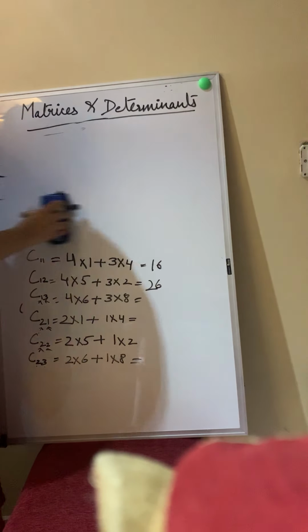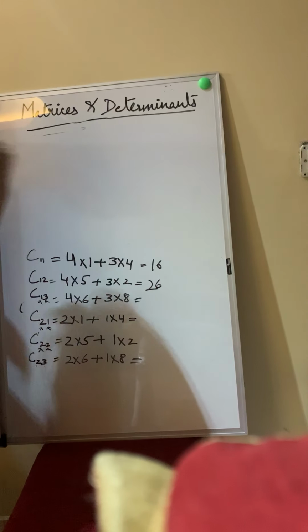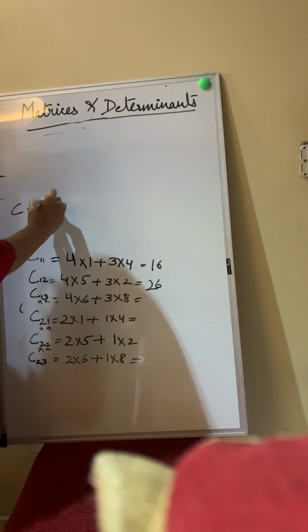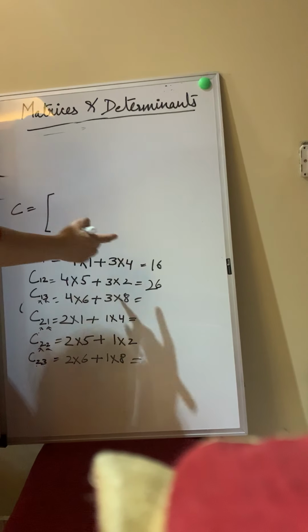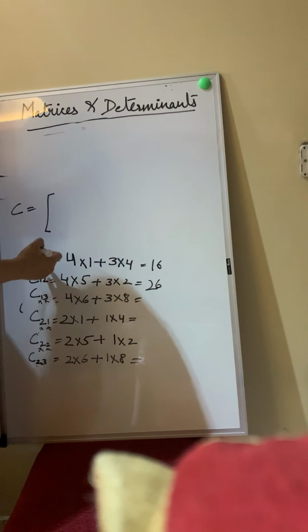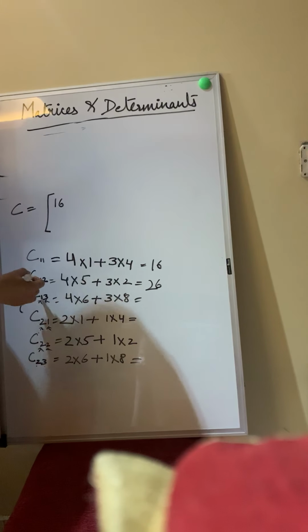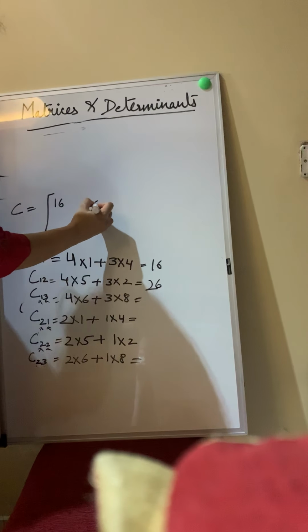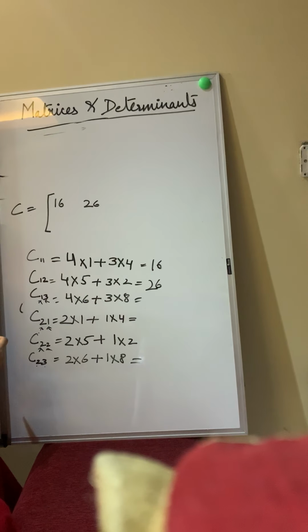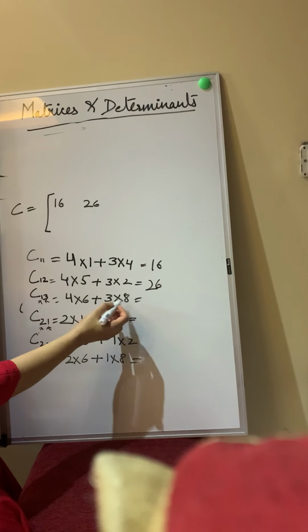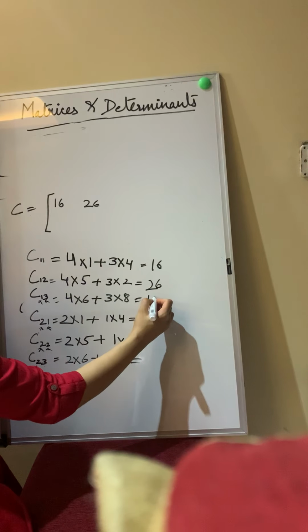So I'm just writing the resulting matrix also. C. Earlier I wrote C11, C22. Now I am writing the values. The first value C11 is 16. C12 is 26. 4 6s are 24, 24 and 24, 48.